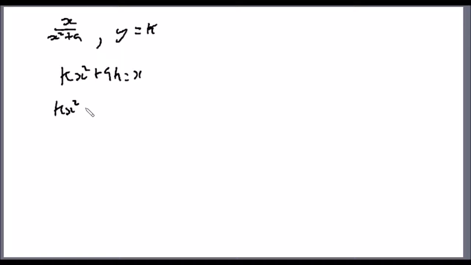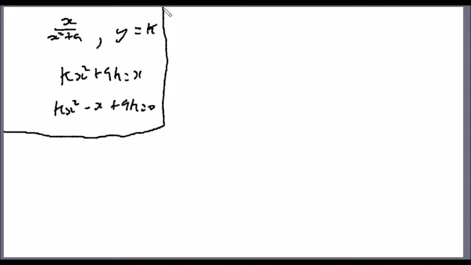So kx squared minus x plus 9k equals 0. Now you're probably wondering what is going on here, why has this happened? But we can use the age-old trick of using the discriminant of a quadratic here. As a stationary point is tangential to a line, b squared minus 4ac equals 0.